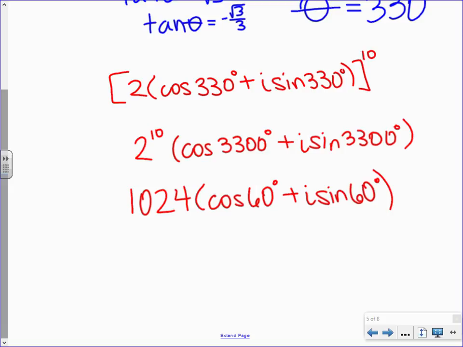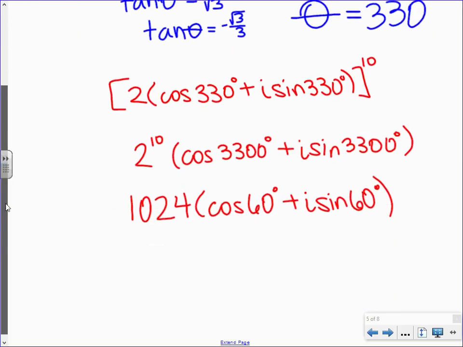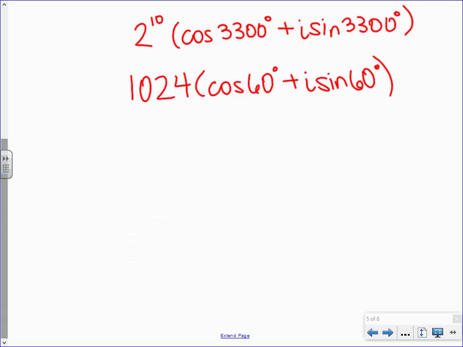Right? Now, we started out with a number in standard form. What do I expect for your answer? A number in standard form. So, we can do that and we can keep it exact because we know the sine and cosine of 60 degrees, right?